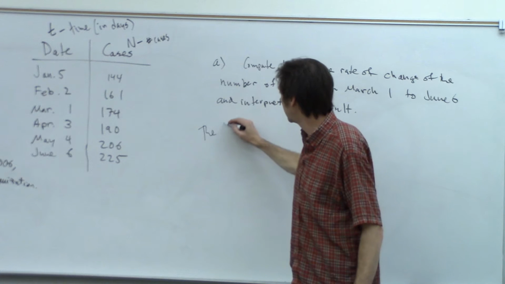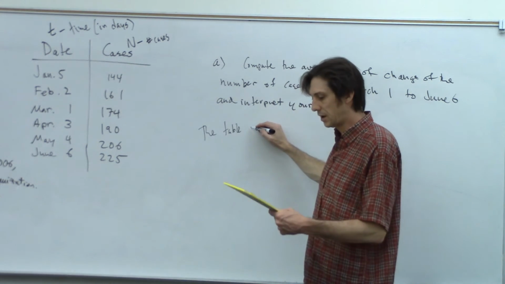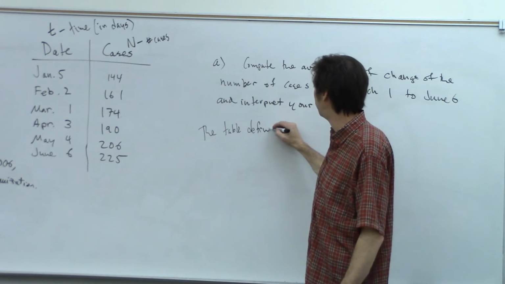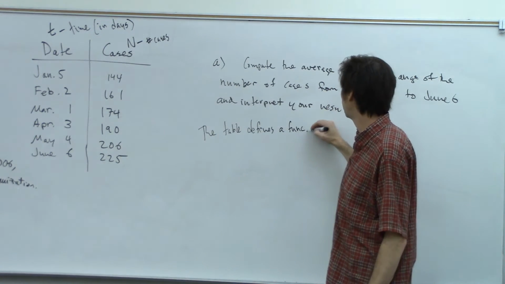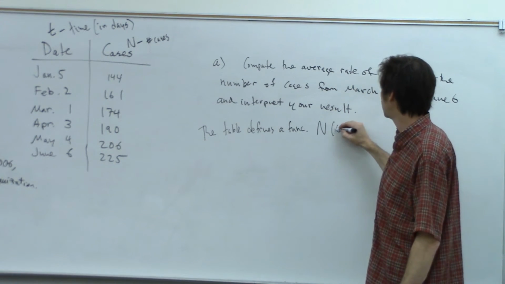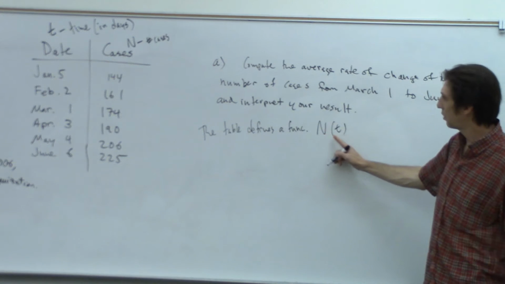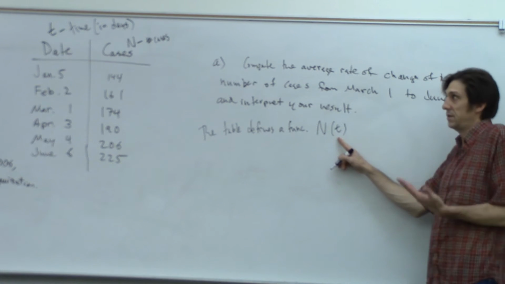So in our solution here, the table defines a function, like I said. I'm going to call that function N of t. So this is the number of cases as a function of time.